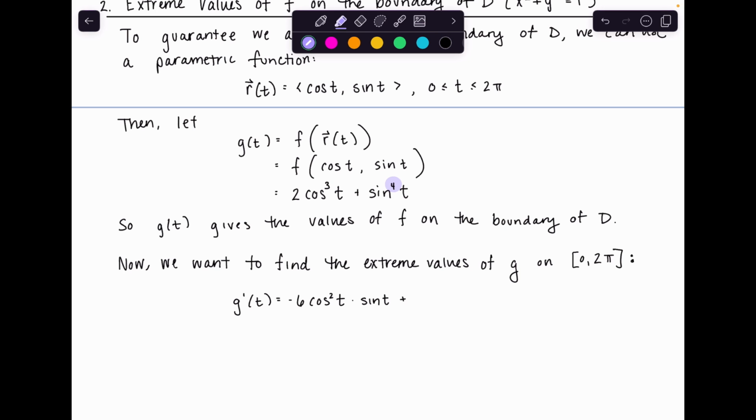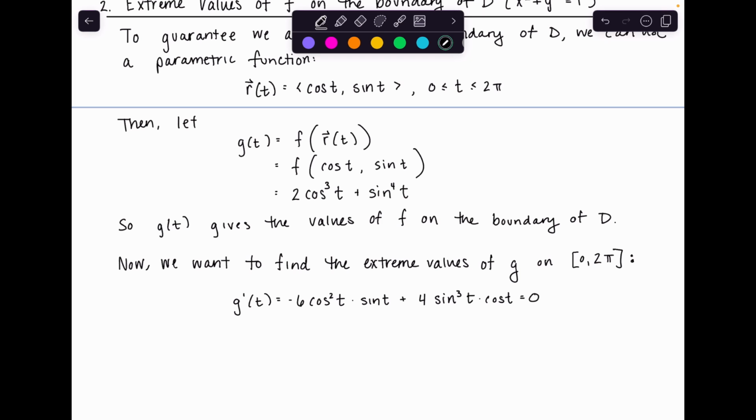Derivative is sine to the 4th. Again, bring the 4 down, because that is the outer function. Decrease the power by 1. And then chain rule, I've got to take the derivative of sine of t. So I get a cosine of t attached. And so I want to see, where does this thing end up equaling 0?